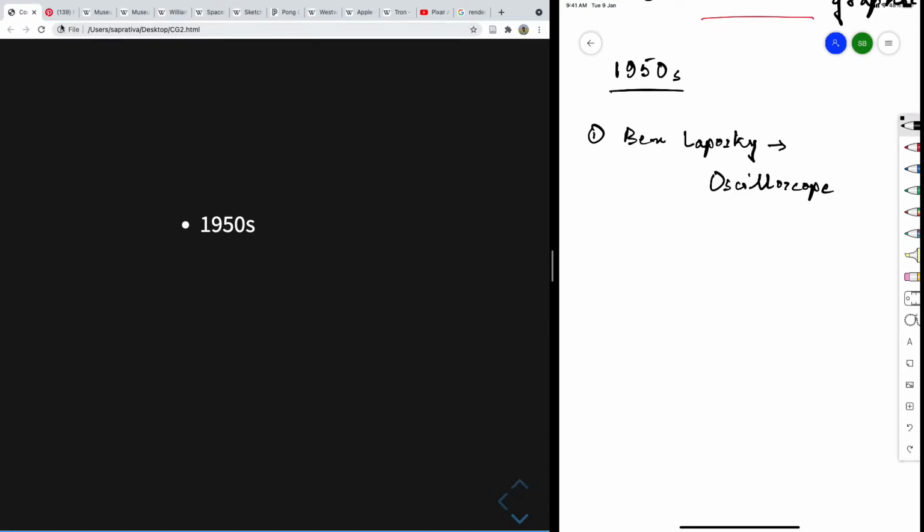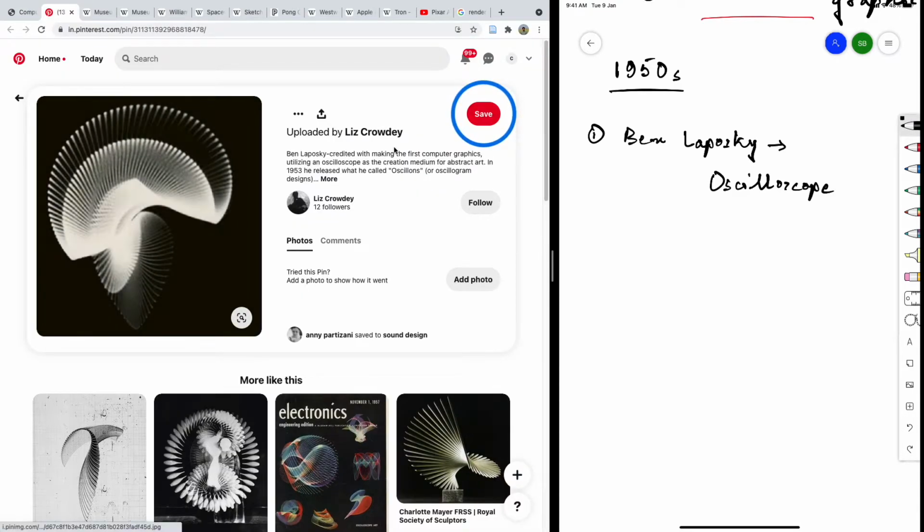I'll show you this. This was the graphic image which was created by Ben Laposky, and it was the first computer graphics. And this was done in the year 1950.